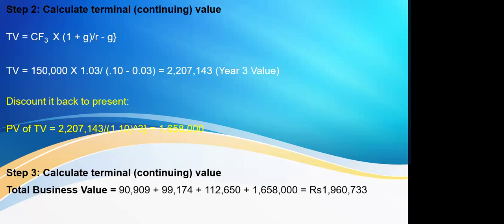This value is the year 3 value, because the formula uses the year 3 cash flow. So then you have to bring it into present value today. How do you calculate that? You just divide this total 2.2 million by 1.1 to the power 3.